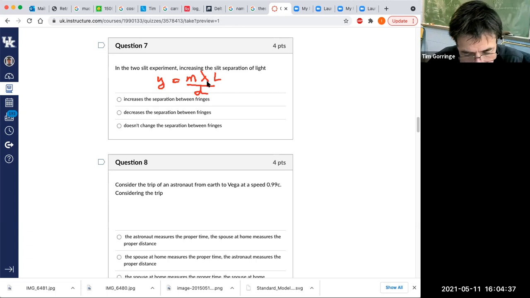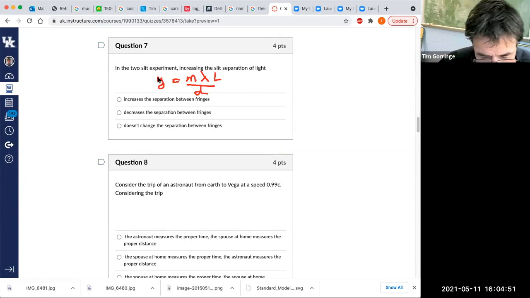And so the equation tells you that if we increase the slit separation D, we would actually decrease Y, the distance between fringes. And so increasing the slit separation decreases the separation between the fringes.